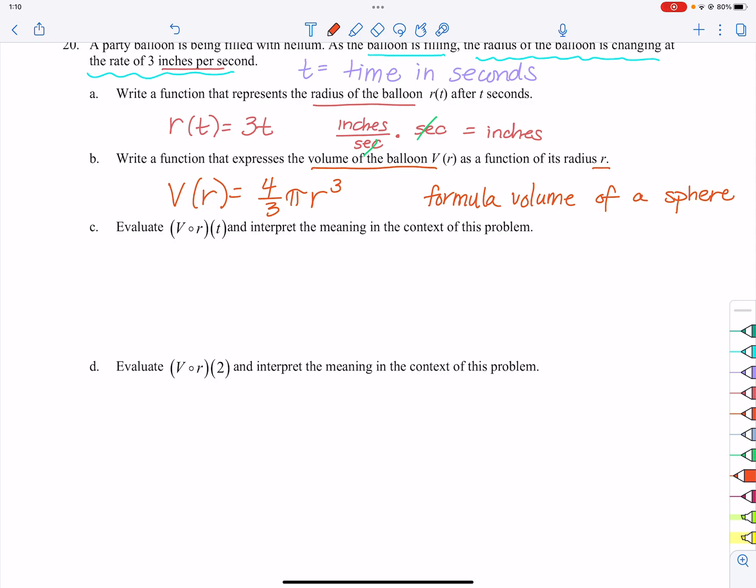So now they would like us to compose the volume and the radius functions.